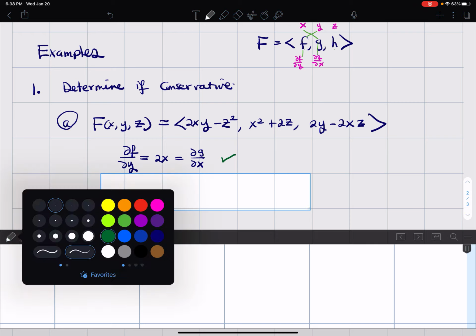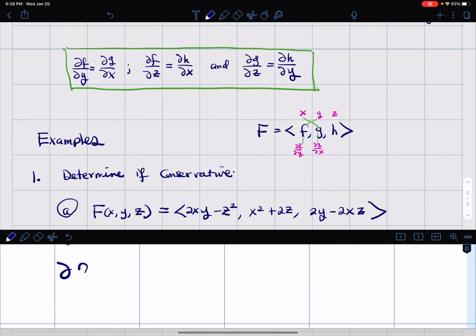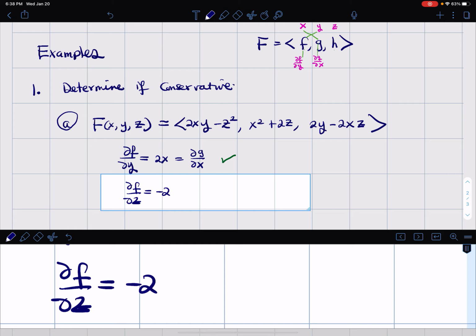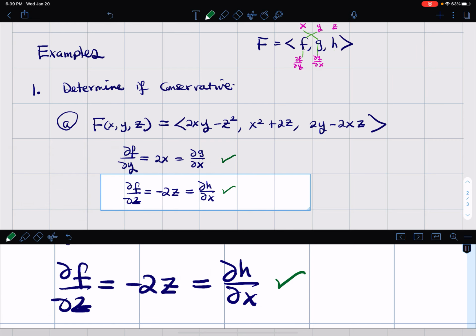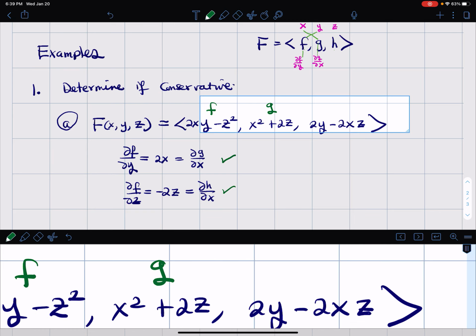Then let's look at f. We have to check now df/dz. df/dz is equal to negative 2z. Is it equal to dh/dx? Actually, yes. So we're good. So this is our f, this is our g, this is our h.